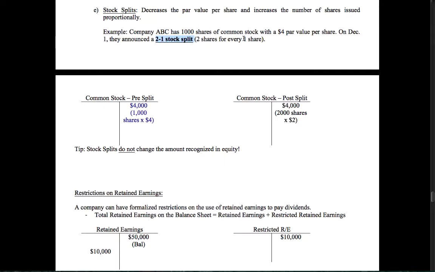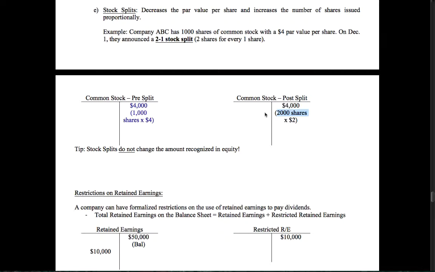So you'll always know that the first number is the new shares you're getting for every 1 share of the other. So to illustrate a stock split, you decrease the par value per share and increase the number of shares issued proportionally. Since this is a 2-for-1 split, you're going to get 2 new shares for every 1 share. Since we had 1,000 shares initially, we now go to 2,000 shares, so 1,000 times 2.